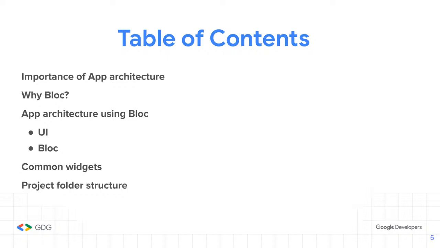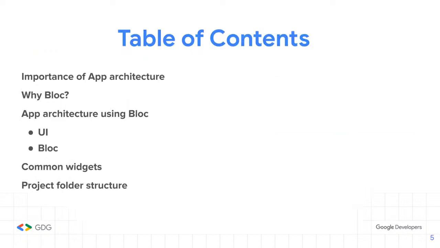So today in this session, I will be sharing with you the importance of app architecture and also why Bloc is one of the state management techniques that I've selected for today's topic, and also how app architecture can be used with Bloc and the different layers of the architecture, which is the UI, which I've separated into view layer, logic layer, and also the repository layer.